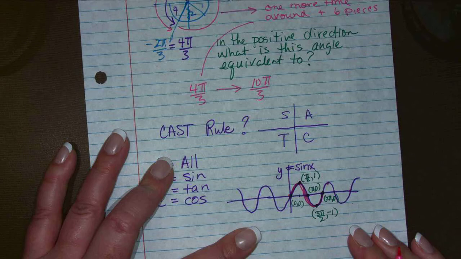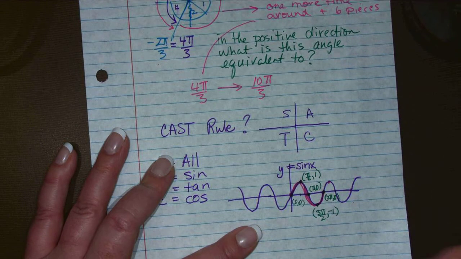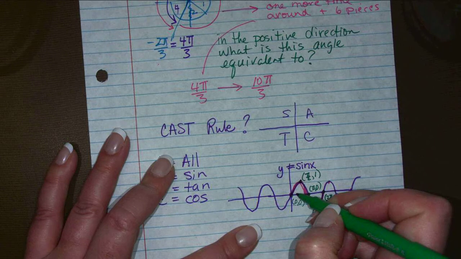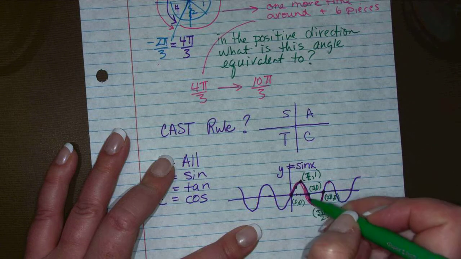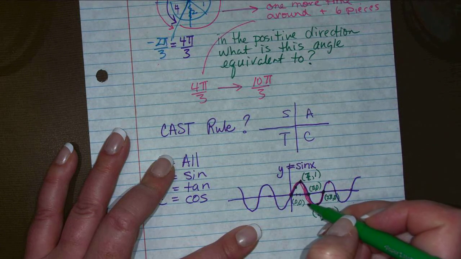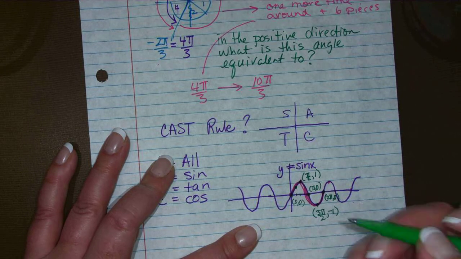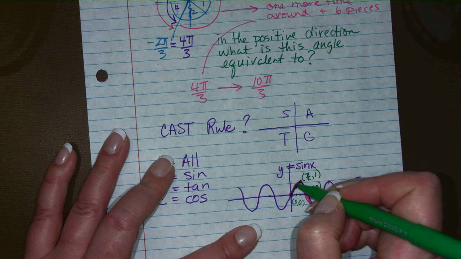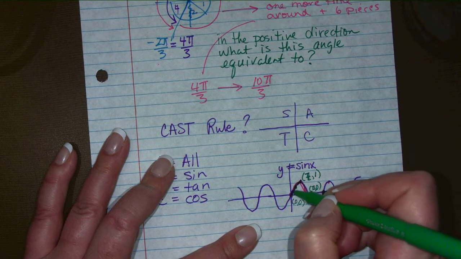The other values are in here. Pi over 4 is a quarter. It's right here, and that value is root 2 over 2. And one of them is a half. They're all in here, a sixth, a quarter, and a third, okay?